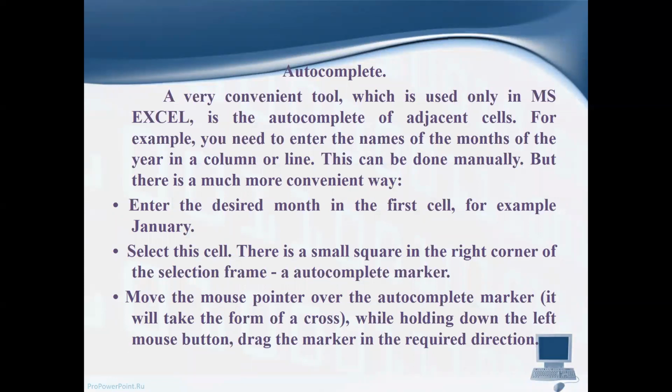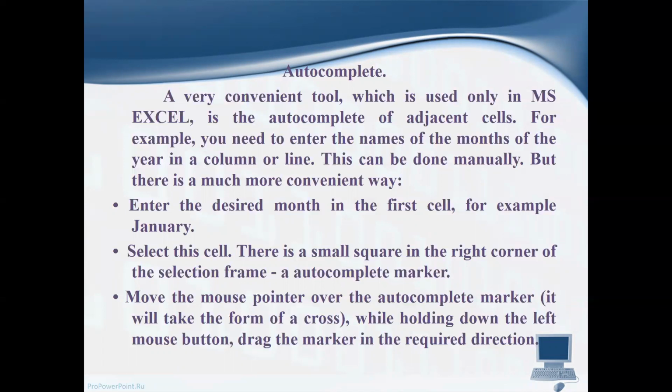AutoComplete. A very convenient tool which is used only in Microsoft Excel is the autocomplete of adjacent cells. For example, you need to enter the names of the months of the year in a column or line. This can be done manually, but there is a much more convenient way. Enter the desired month in the first cell, for example, January.